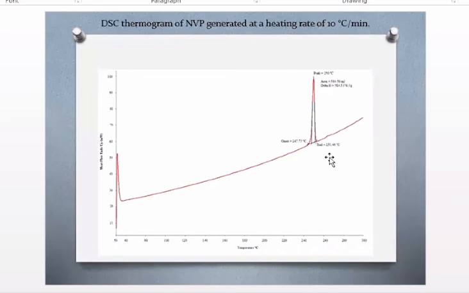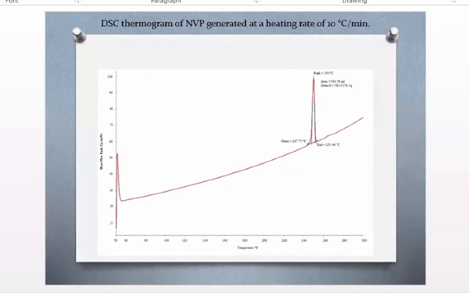And then the peak itself was quite narrow. So what this information is telling me is that nevirapine has got a melting point of 250 degrees Celsius. At the same time, because of the sharp, narrow peak, this is an indication that nevirapine exists as a crystalline material.